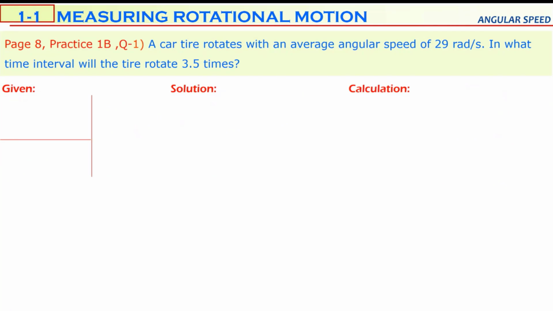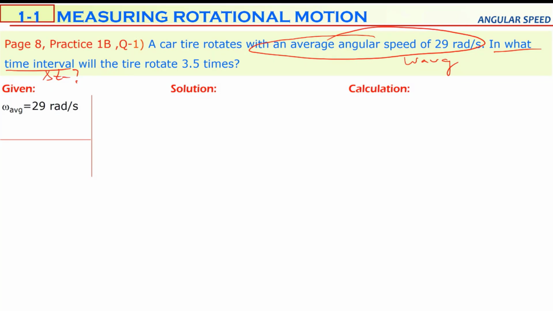Another practice problem. Let's continue with the problem. A car tire rotates with average angular speed of 29 radian per second. Omega average is given, 29 radian per second. In what time interval, delta t, will the tire rotate 3.5 times?